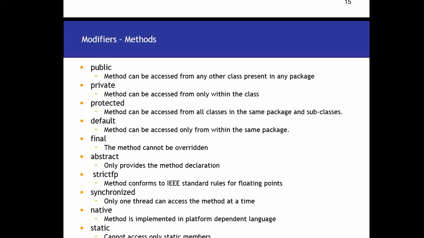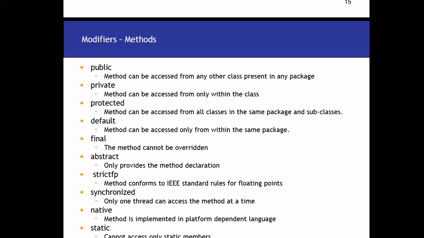This method can't be overridden, so you can't extend this method. If I write a final method a, it can't be extended by other classes. That is what final means: the method can't be overridden.